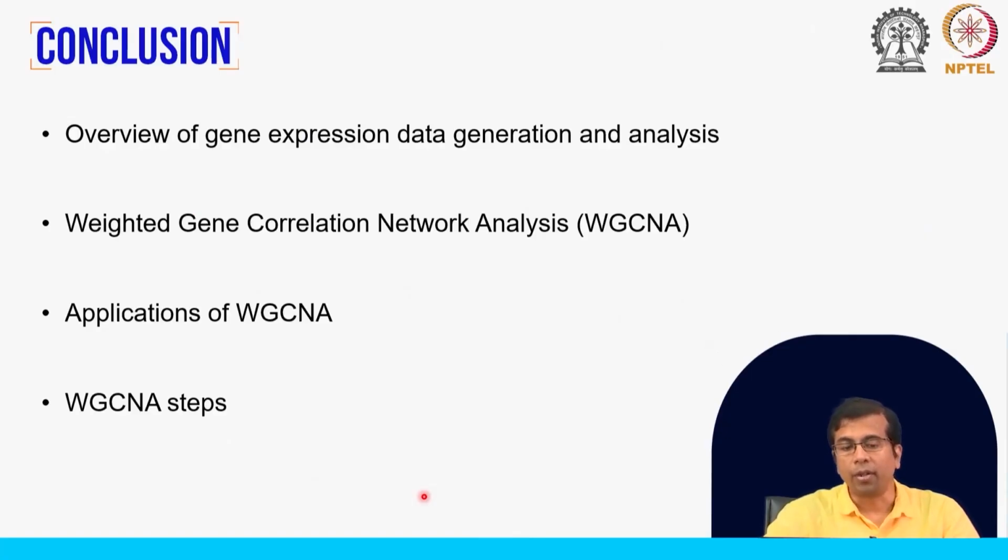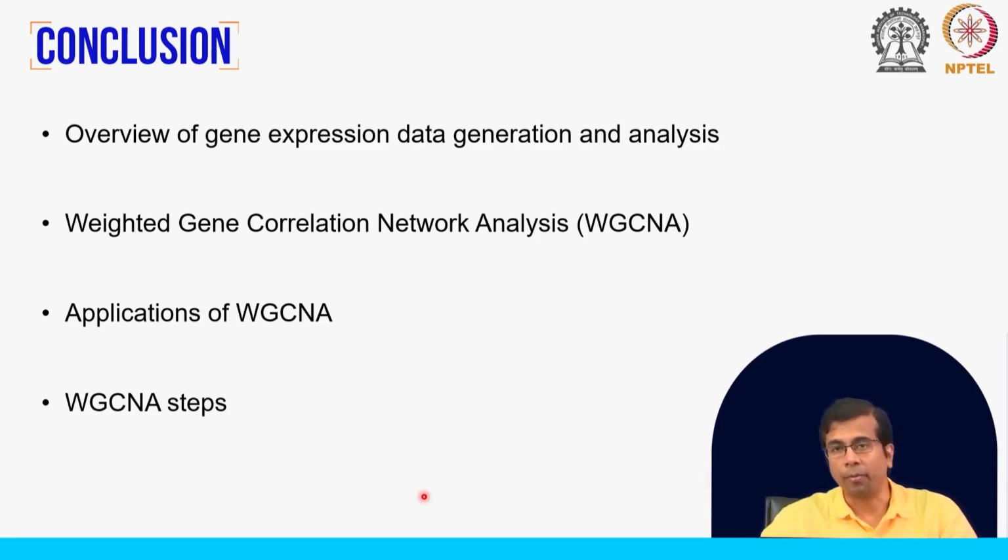So to conclude, we have seen an overview of gene expression data and how gene expression data is generated. This is usually done by microarray and next generation sequencing. This is something that we discussed in an earlier course, so I have not gone over it. If you are interested, please feel free to check that course.